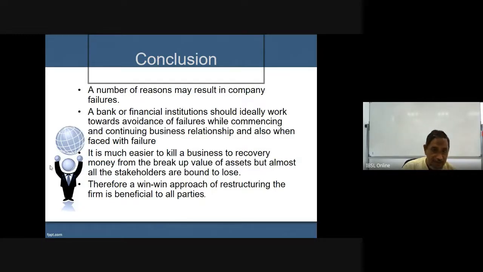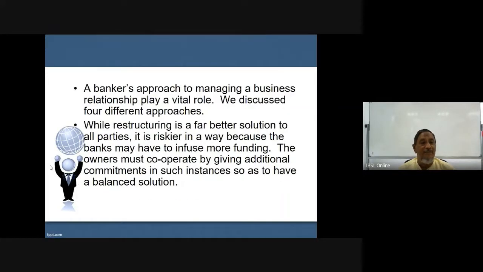A bank or a financial institution should ideally work towards avoidance of failures while commencing business, continuing the business relationship, and also when facing the failure. All three instances. It is much easier to kill a business and recover money from the break-up value of assets, but almost all the stakeholders are about to lose. Therefore, a win-win approach of restructuring the firm is beneficial to all parties.